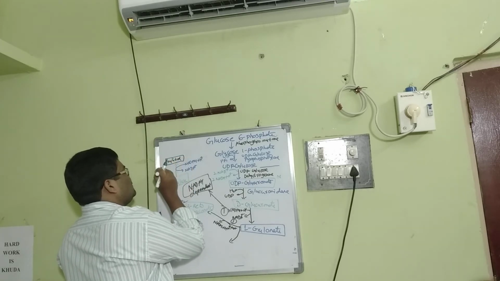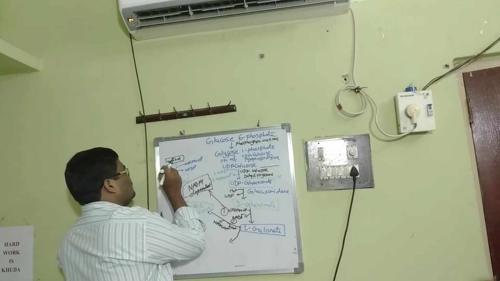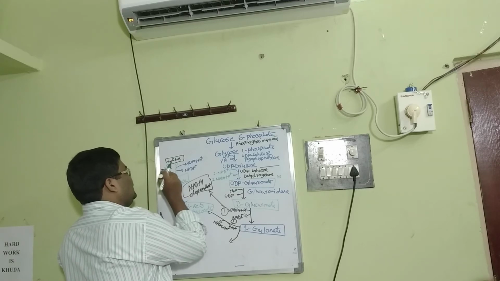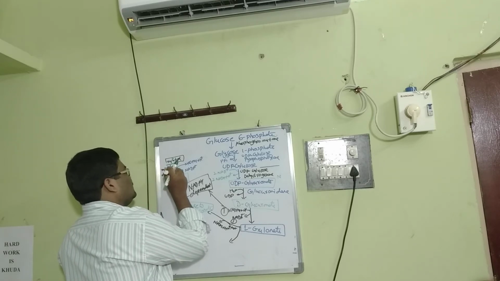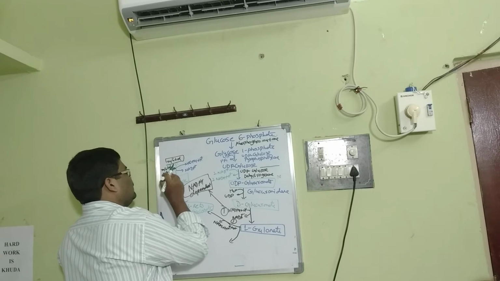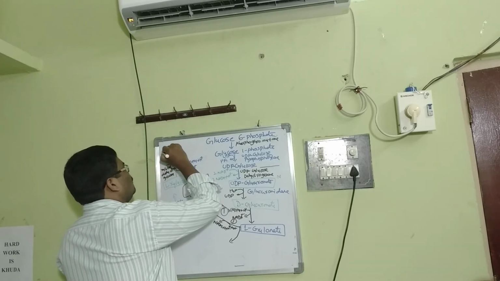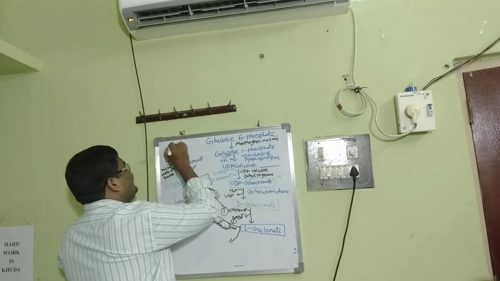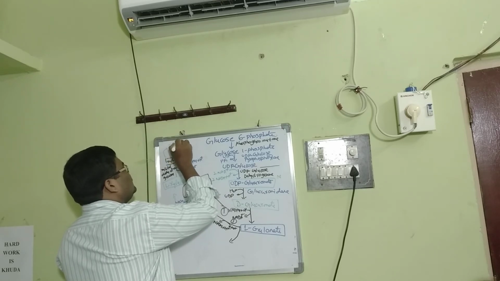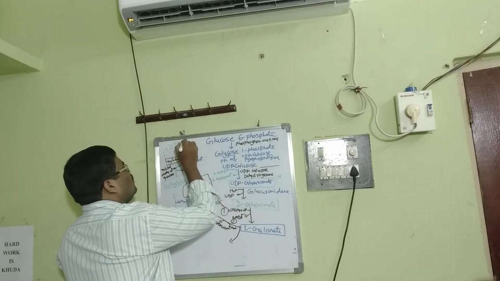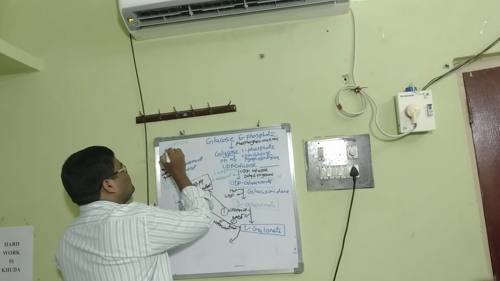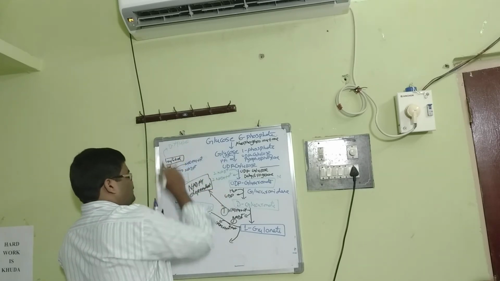By means of an enzyme, xylitol dehydrogenase, the xylitol again converts into D-xylulose simply by oxidation.